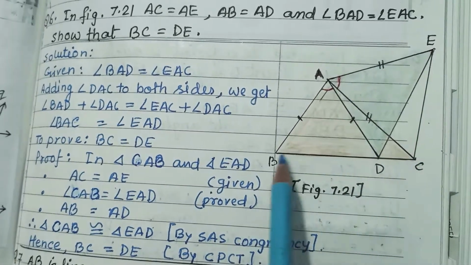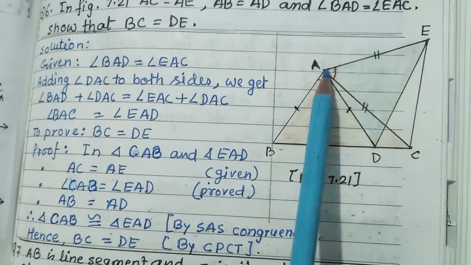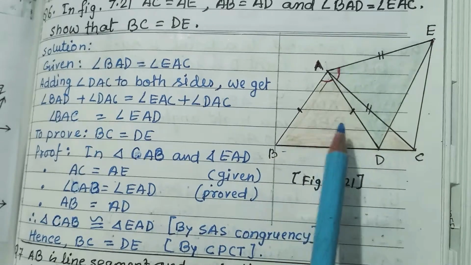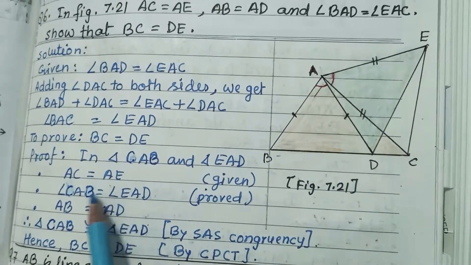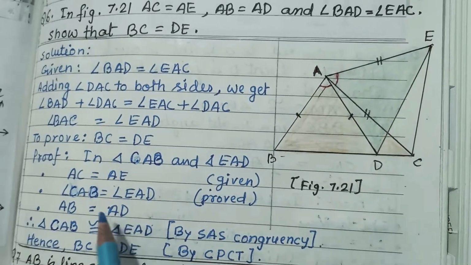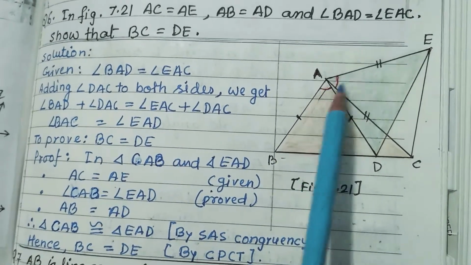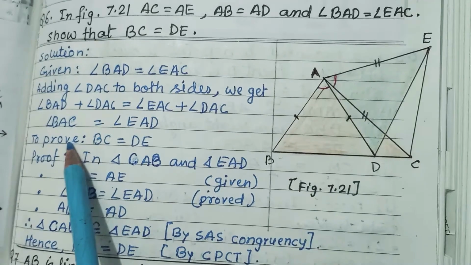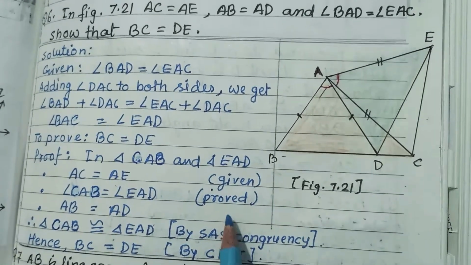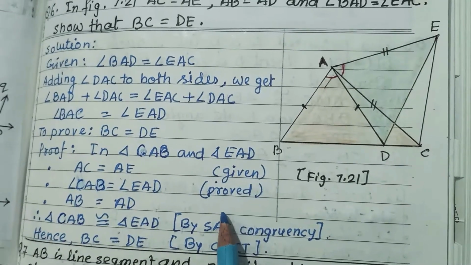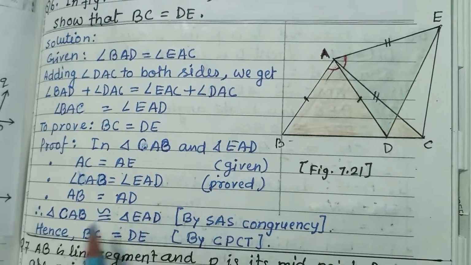Now in triangle ABC, AB, and in triangle ADE, AD, these two are equal. And in between, this angle is equal to this angle, which we have already proved here. So it is proved. Right-hand side reason you always have to mention, otherwise marks will be cut here.